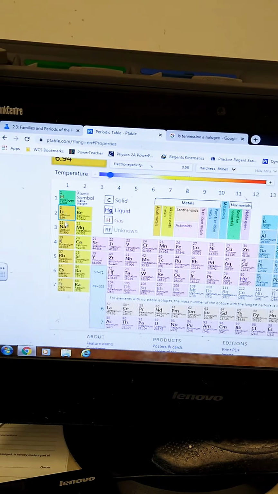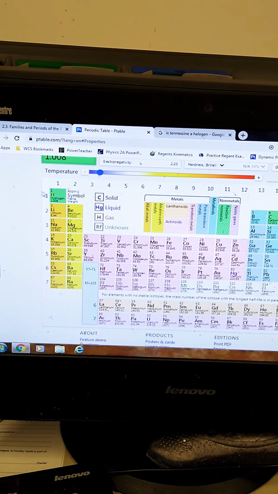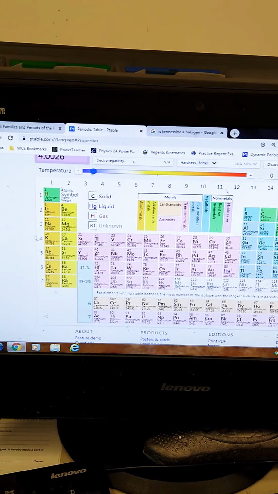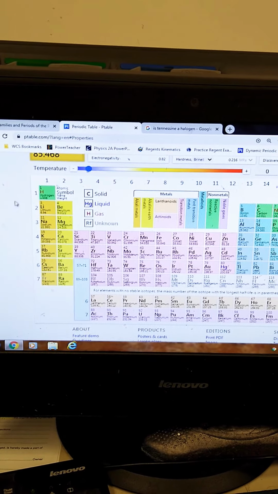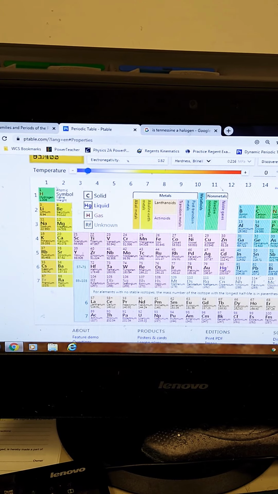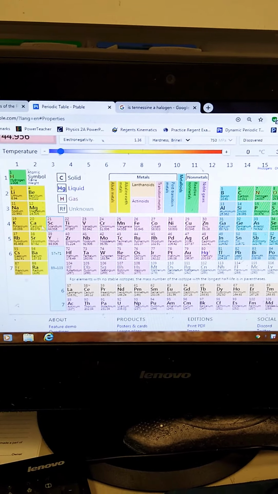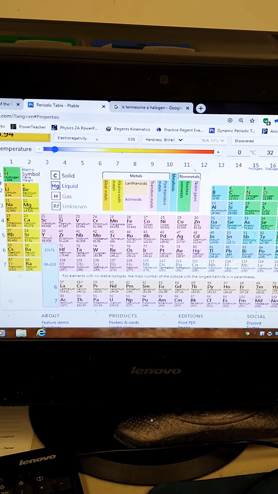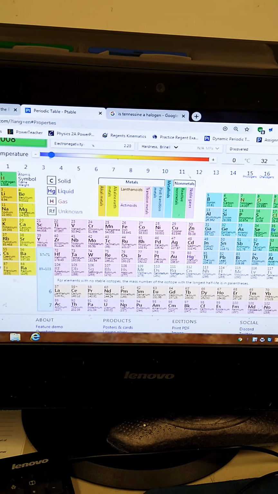I told you that we have these columns, which are called groups or families, and then we have rows, and rows are called periods. And sometimes people want to know, well, why is there this big gap here, and then all these are together? And the answer to that is periods are set up so that each period or each row has the same number of electron shells.